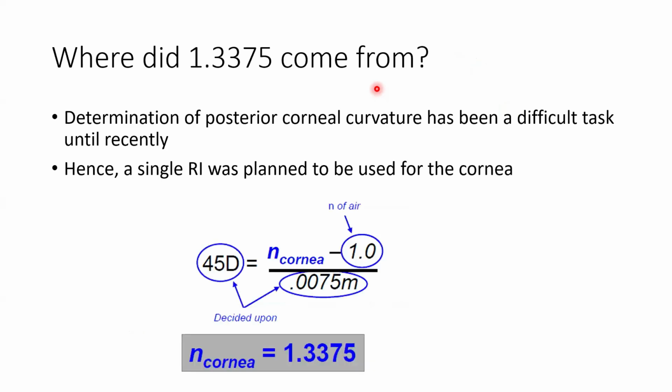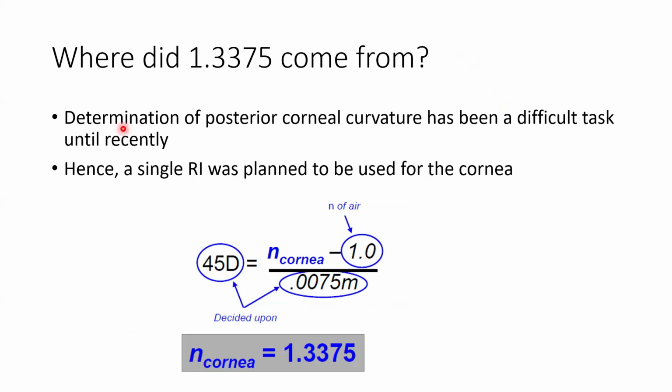So where did the 1.3375 come from? Essentially, determination of the posterior corneal curvature has been a difficult task. Until recently, we didn't have all these Scheimpflug imaging and slit scanning techniques. Hence, it was decided that a single refractive index would be used for the cornea.